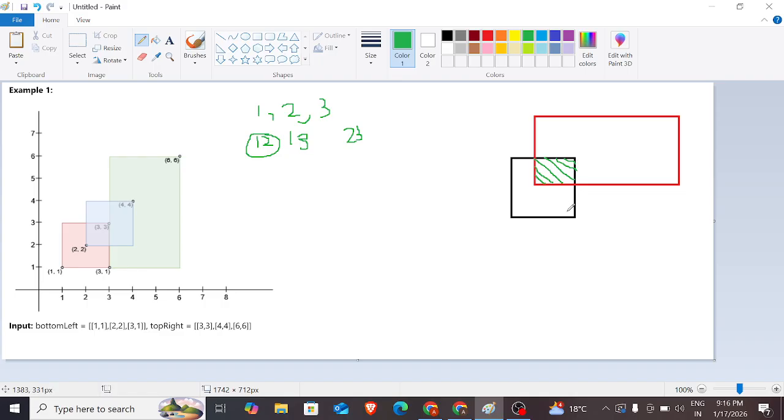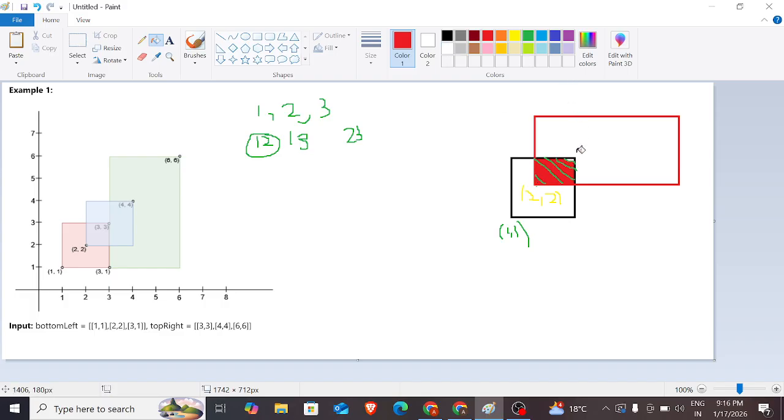The easiest way to look at it would be to see that if this is 1 comma 1, and if this side of mine is 2 comma 2, then I know that the bottom of the rectangle that I am looking for will be at 2.